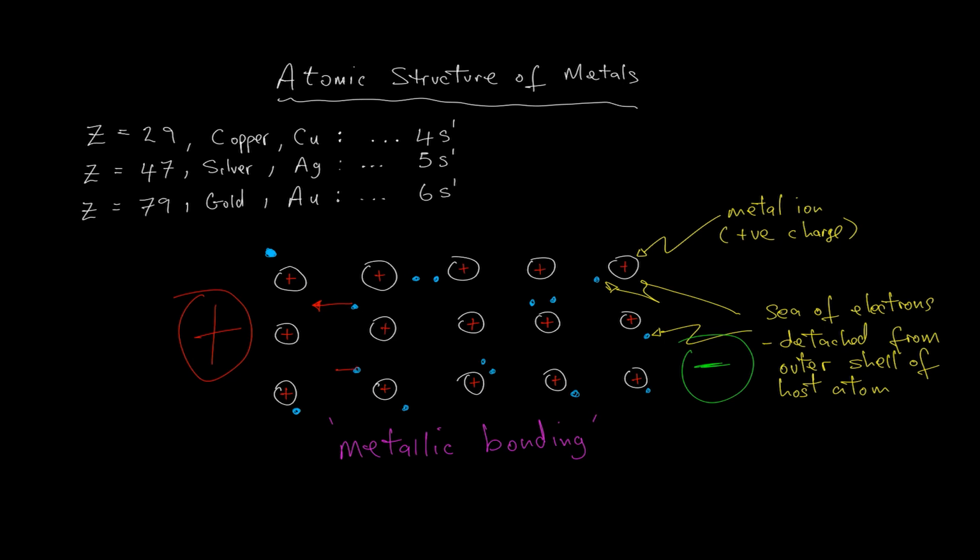They're all going to want to drift in that direction. I'm not going to draw arrows on all of them. Hopefully you get the idea. They all want to drift towards the end which we've made positive, and that's essentially how electrical current is formed.